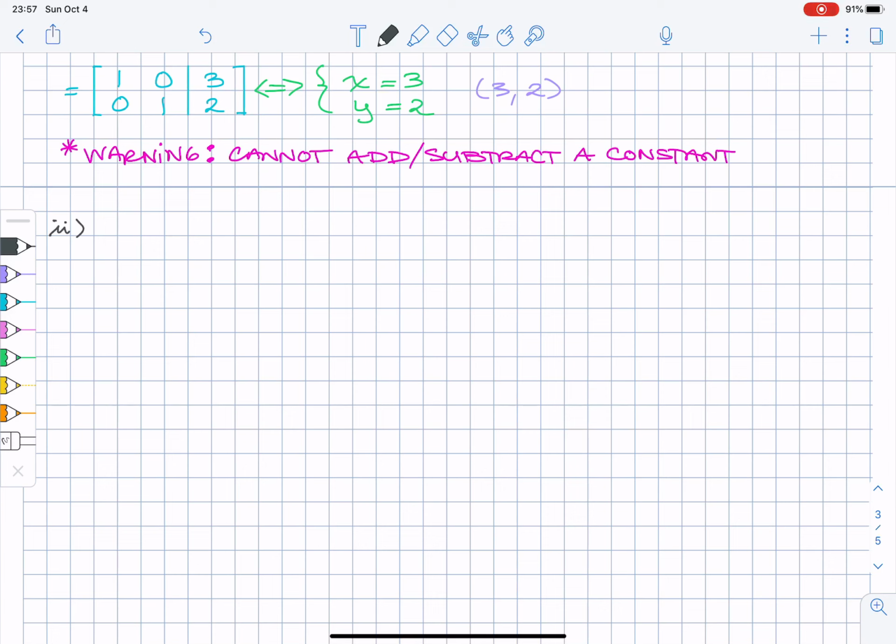So let's say we have the system, let's do a 3 by 3. X plus y minus z is equal to 1. X minus y plus z, it's a terrible z, is equal to 1. Let's do x plus y plus z is equal to 3.